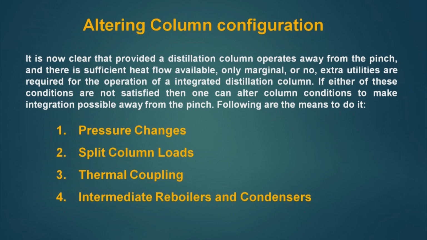Now, there are many methods to do it, and those methods are pressure changes, split column loads, thermal coupling, and intermediate reboilers and condensers. By applying these techniques, we can properly integrate a distillation column with the process GCC.